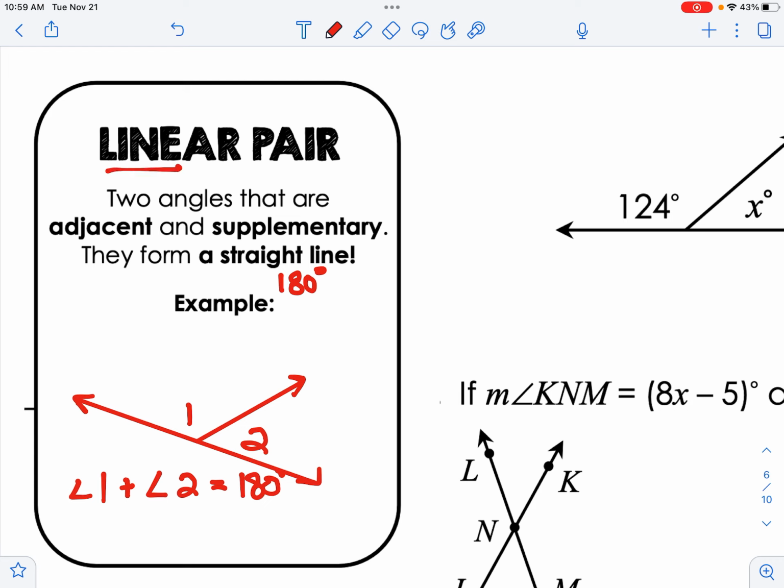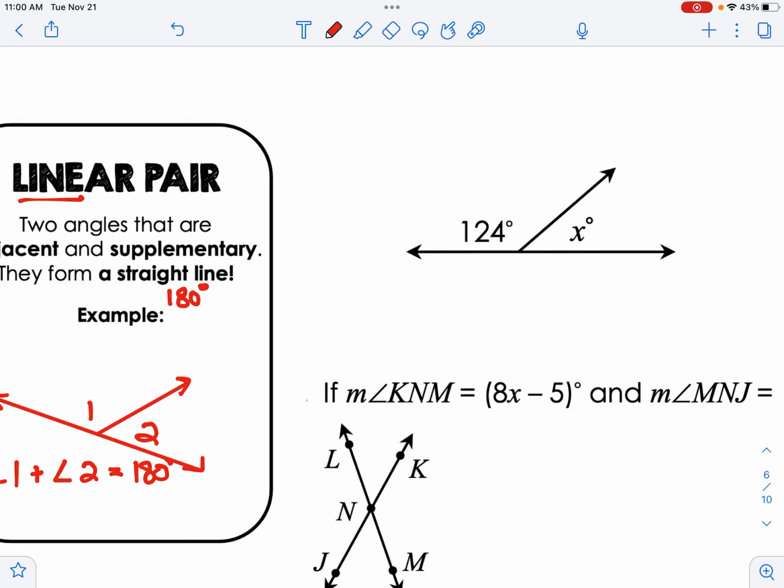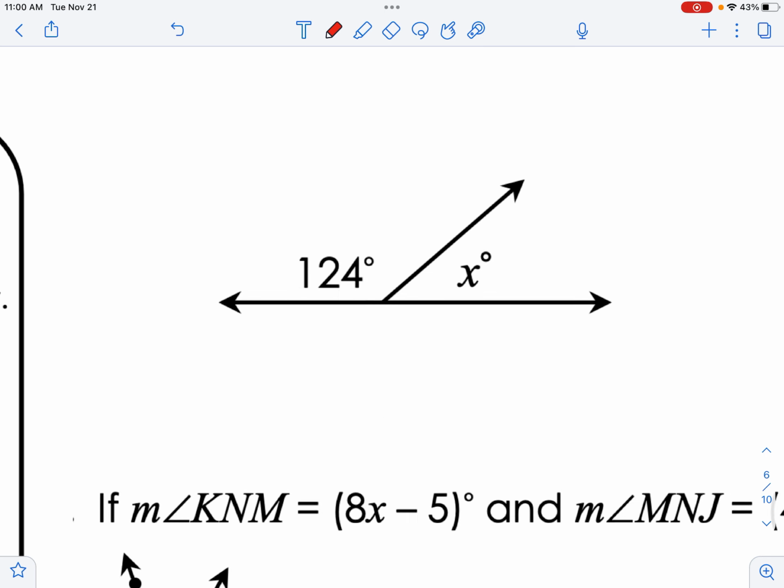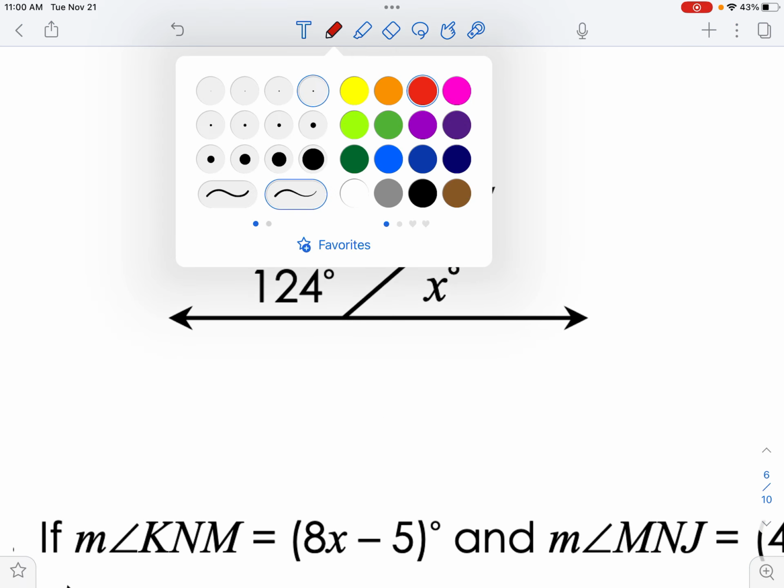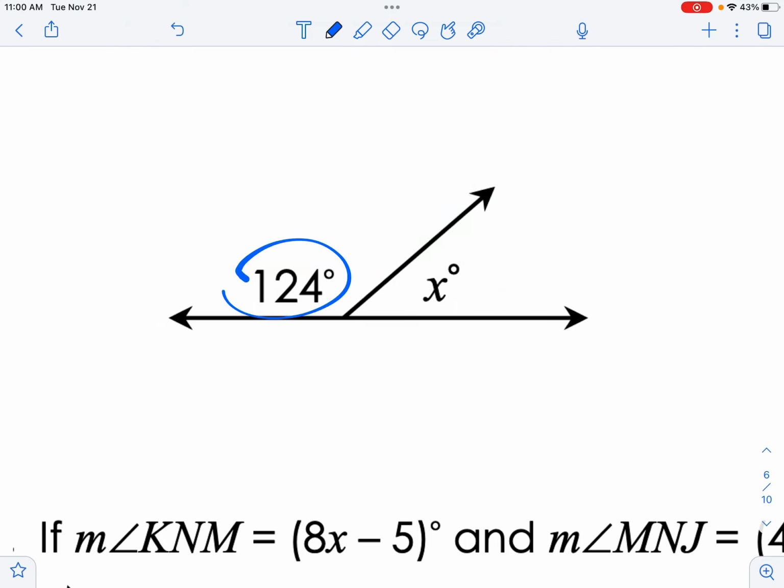The word linear has the word line in it, and that means straight line, which we know is 180 degrees. So in this instance up here where I have this picture, I already know that part of this is 124. I know that these two together better equal 180.